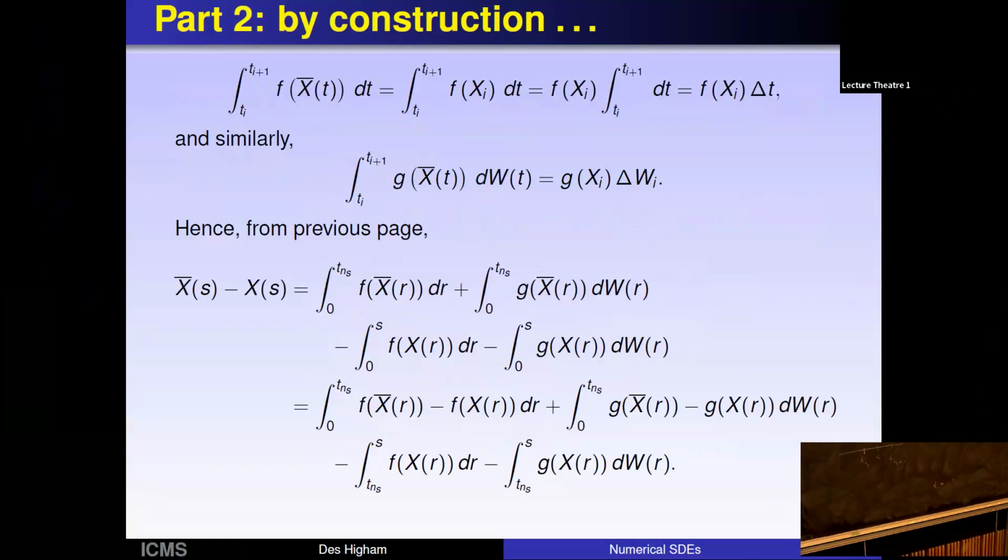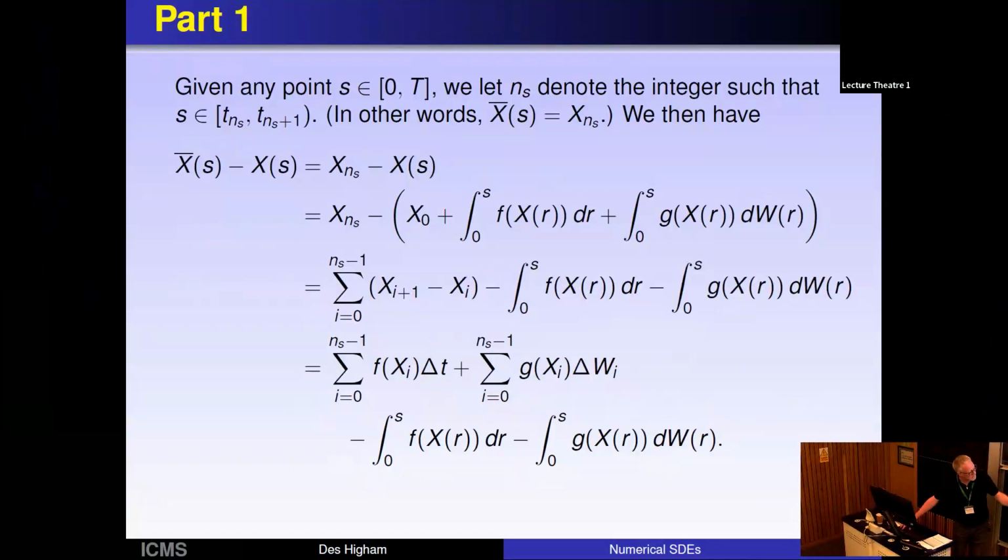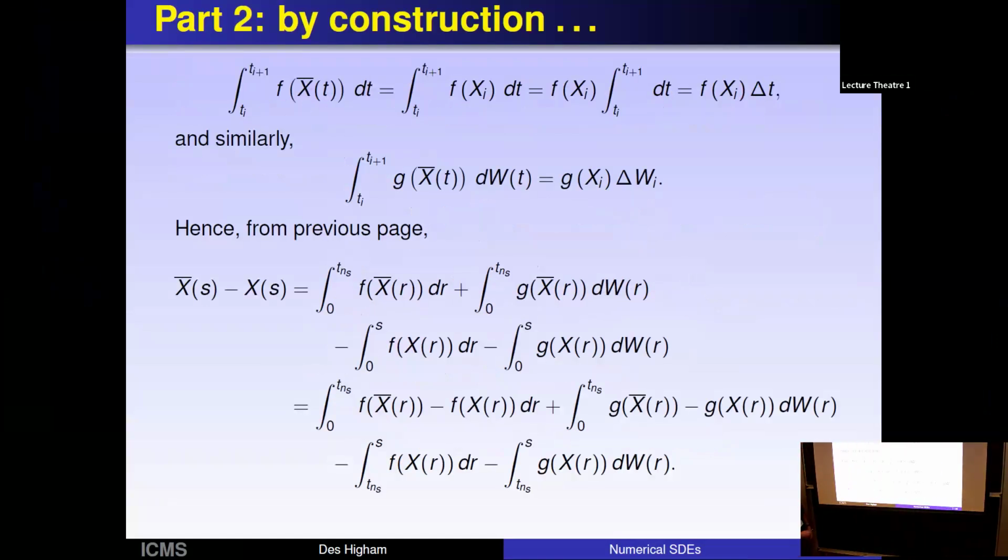Okay, so let's look at those terms. We go back again. We can think of those sums as integrals. So integrating f of the step process, that's constant over that time interval. So that Riemann sum just becomes delta t times f(x_i), and the same for the stochastic version as a change in the Brownian path.